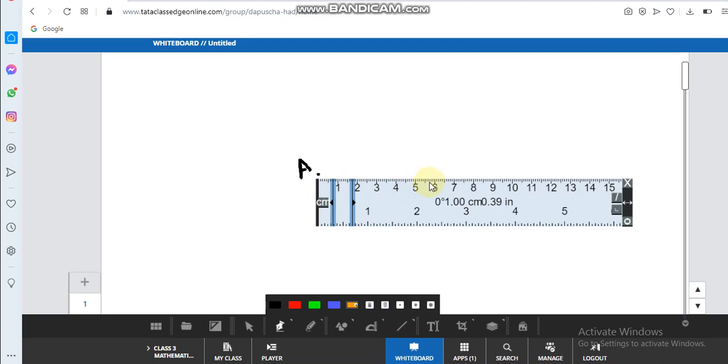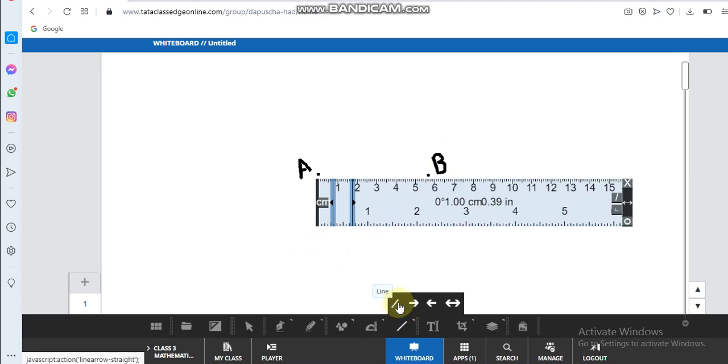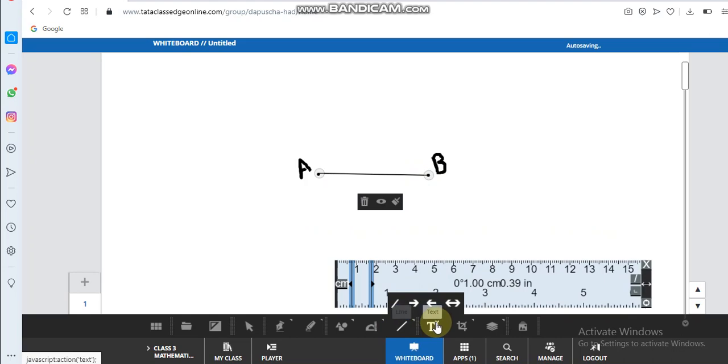So here 6 and this is 7. So mark the second point here and write it B. Now with the help of your pencil, you have to join these two points. So draw a straight line using a ruler. So here we get a line of 5.7 centimeter. So write down there.